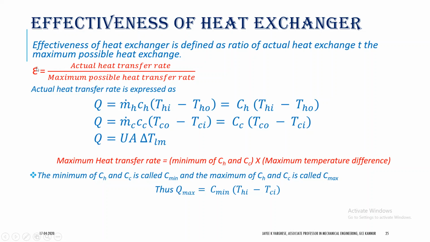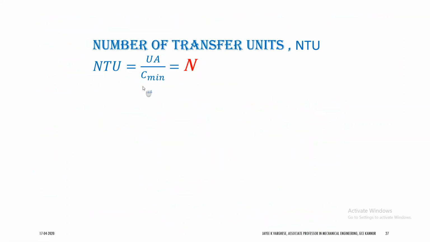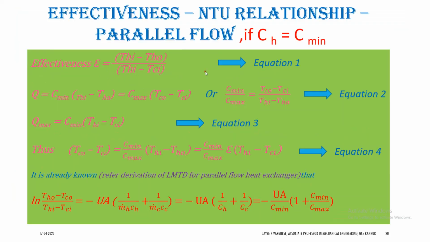If we can have a relation for effectiveness which does not require all the four temperatures, then we can calculate the heat transfer rate and any other missing parameter like the area of the heat exchanger or length of the tubes of the heat exchanger. This is the idea behind the derivation of a relation for effectiveness of a heat exchanger.